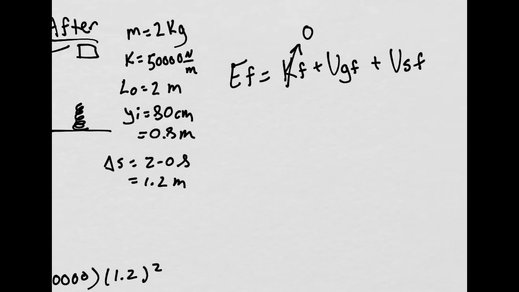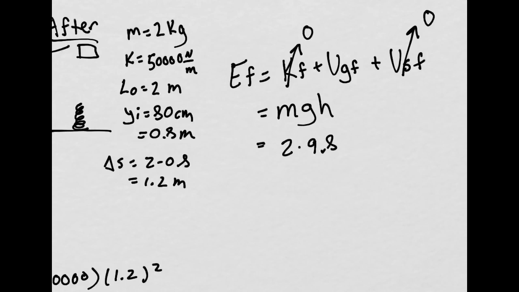Also, we're no longer compressing the spring, so the spring potential energy is also 0. So that's just mgh. M is 2, g is 9.8, h is our unknown. So 2 times 9.8, 19.6 h, that is our final energy.